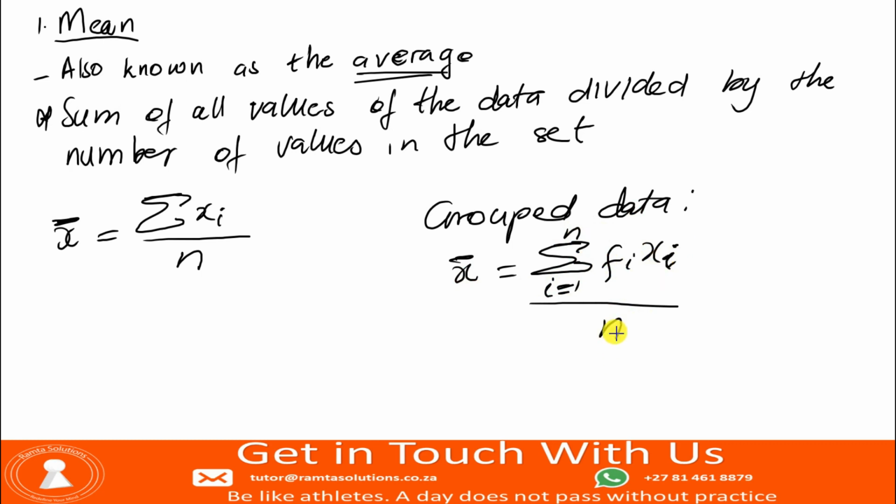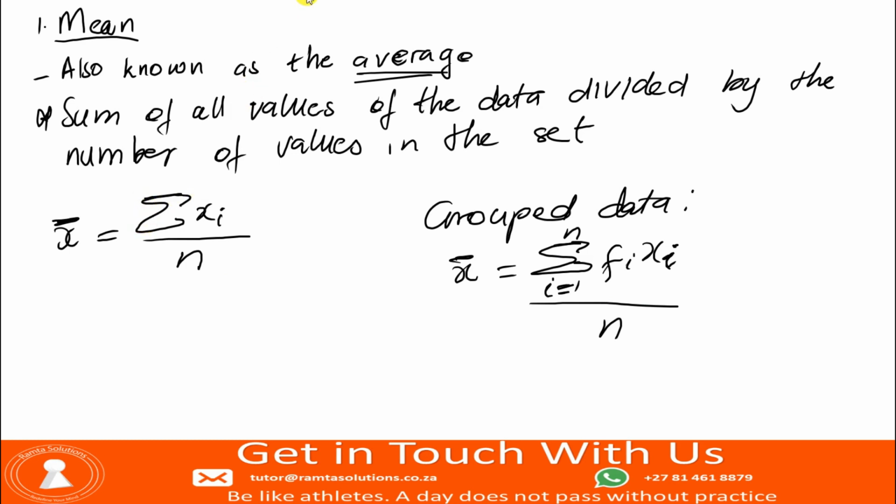Normally, this n for grouped data is the sum of the frequencies, but we're going to look at this in a special video dedicated to grouped data. For the purpose of our video, we are only going to look at the mean in this form. So this is the mean.